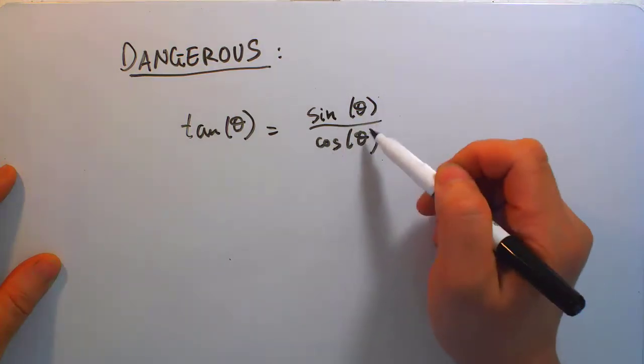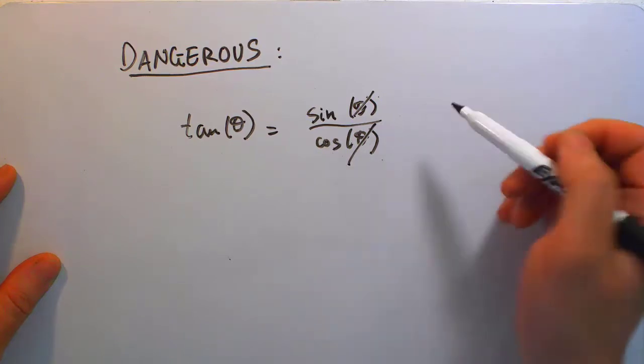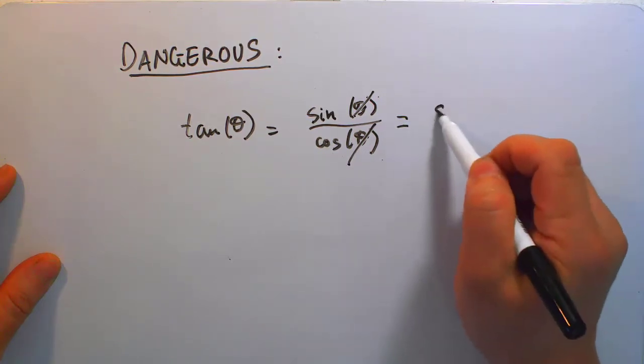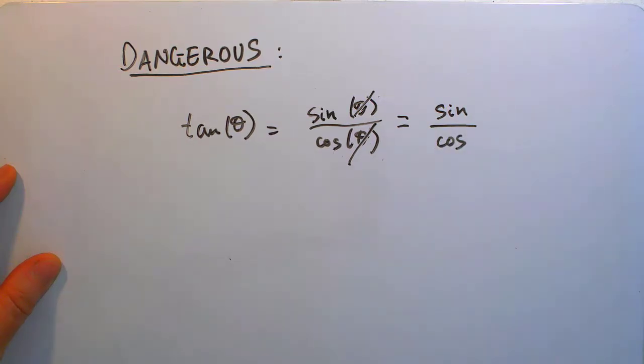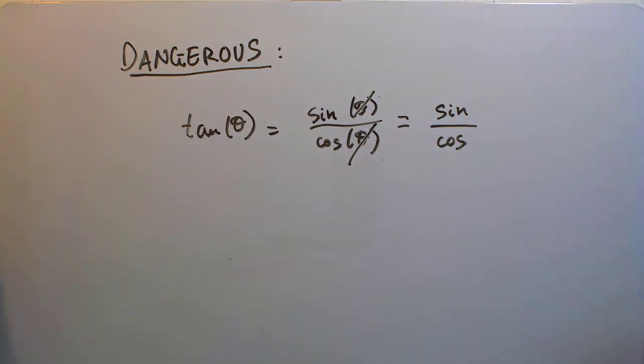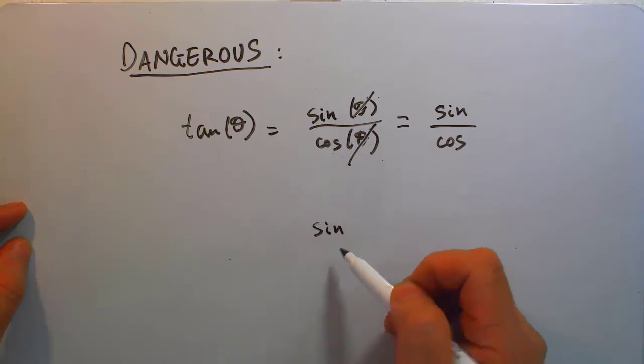People commonly cancel out the theta and consequently end up with sine over cosine, without the theta indication. So I have to kindly remind everybody, without the angle, sine here is a meaningless expression.